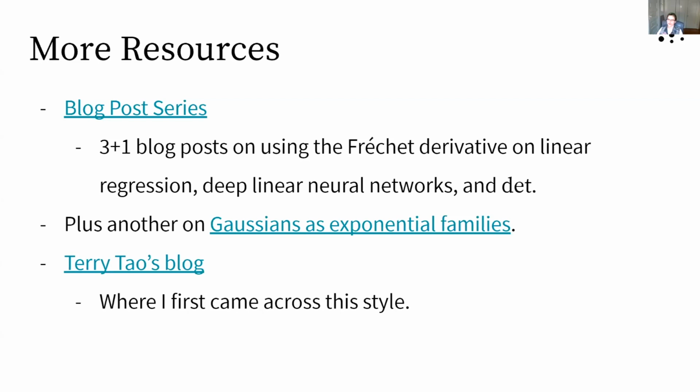I have another blog post on Gaussians as exponential families. This is an idea that was bigger in vogue when people liked graphical models and things like that. But Gaussians, the normal distribution, multivariate normals, have this really elegant connection to information geometry and these very cool, heady ideas.